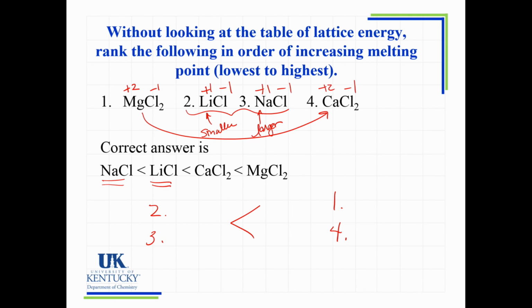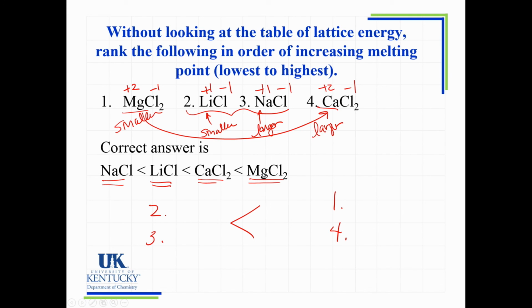Now I do the same thing with number 1 and number 4. I'm looking at where they are on the periodic table. Magnesium is higher on the periodic table, therefore it is smaller, and the calcium ion would be larger. So in terms of melting point, calcium has a weaker lattice energy, less negative, than the one that's smaller.